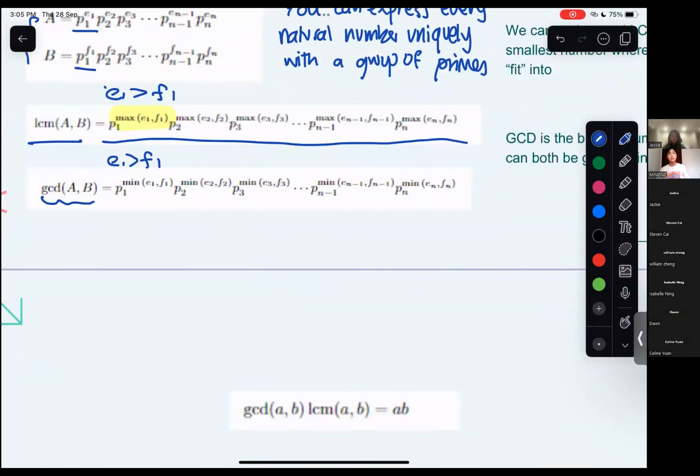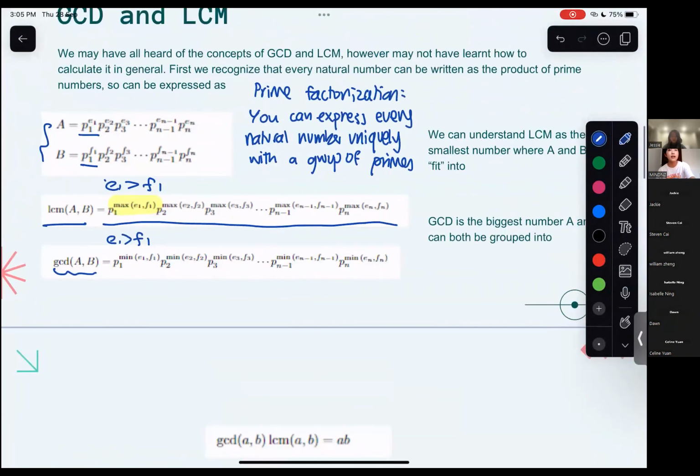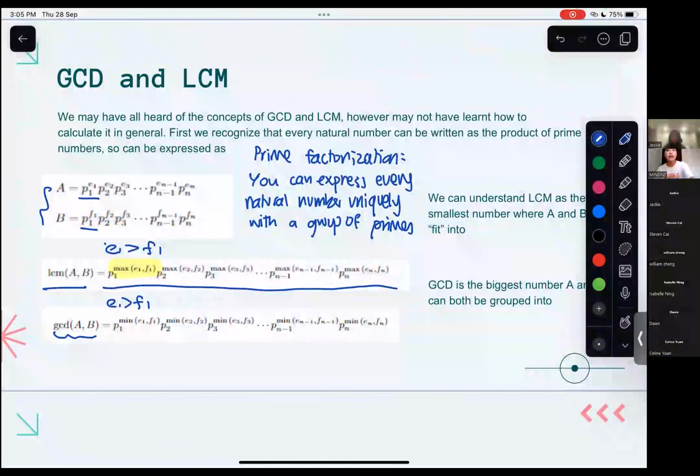So that's the idea behind GCD and LCM. When you calculate it, it's really useful to factorize into primes, especially if the numbers are really big. Find all the primes of the numbers you're looking at, and then pick either the biggest or the smallest power for LCM and GCD. Does everyone understand that idea?